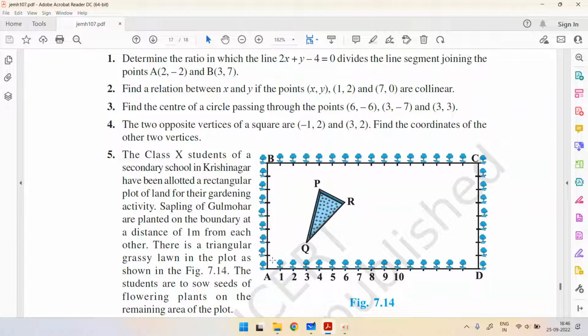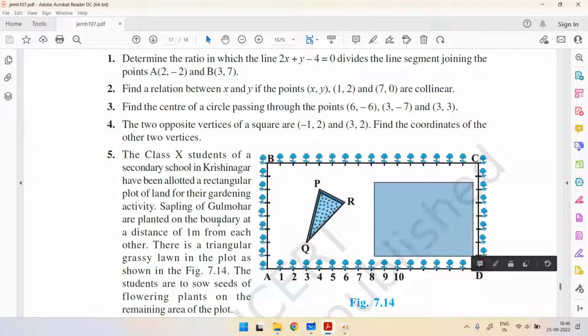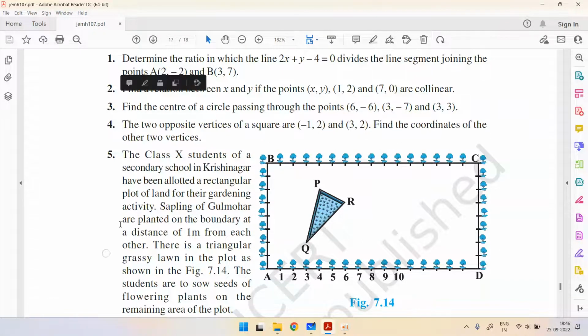See, these are the gulmohar trees which are 1 meter from each other, and there is a triangular grassy lawn in the plot. PQR is the triangular grassy lawn. The students are also to sow seeds of flowering plants on the remaining area of the plot.